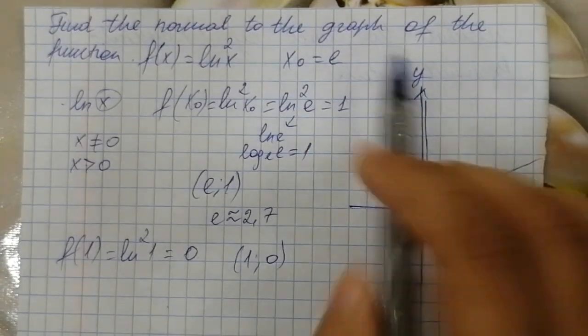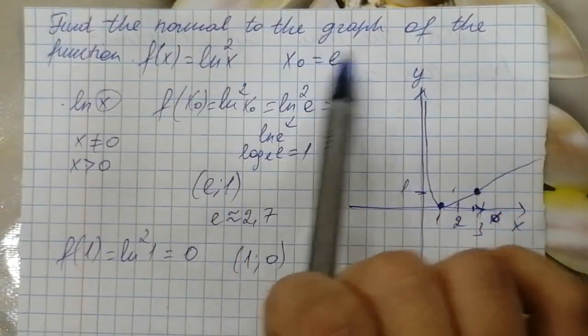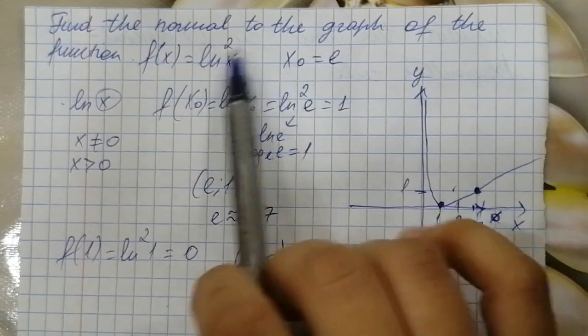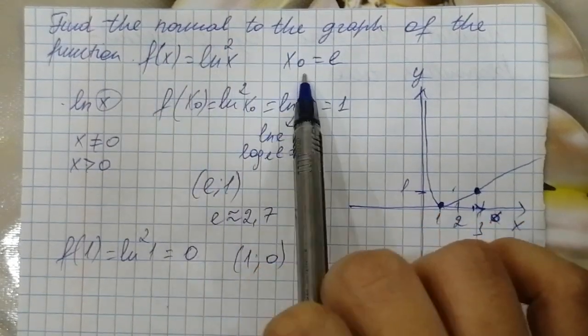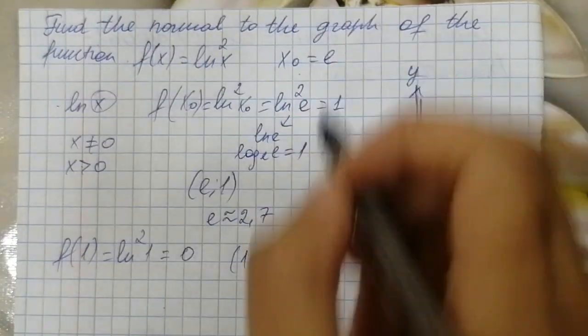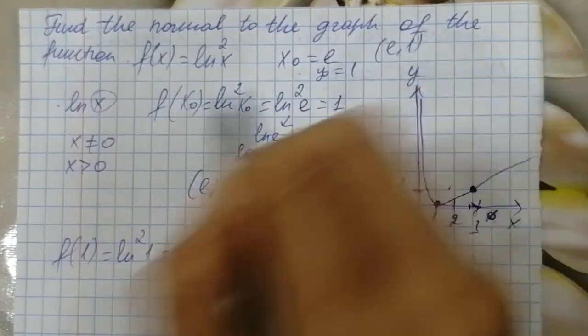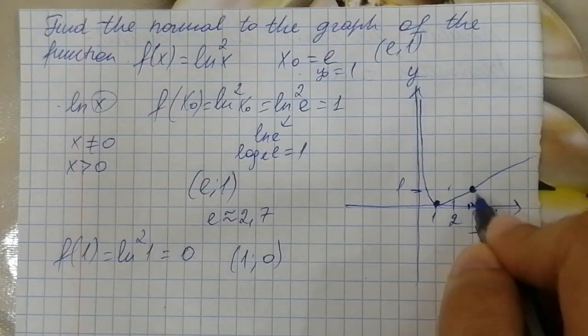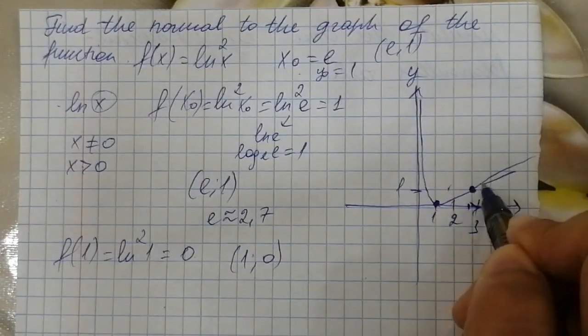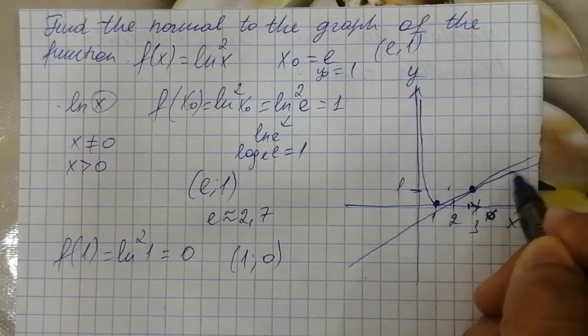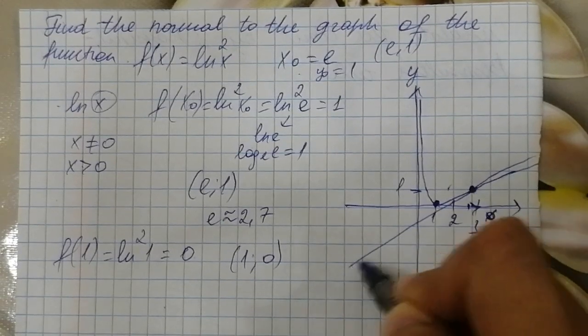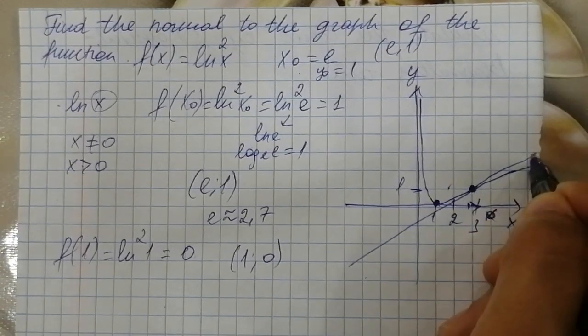For example, we have to find the normal to the graph of the function at the point x0 equal to e. We found y0 is equal to 1, so the point (e, 1) is here.